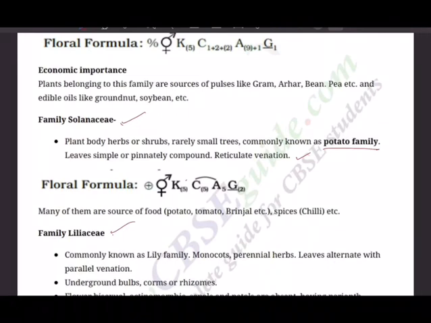Petals and the stamens are attached. And then gynoecium, again 2 we are writing, that is 2 ovules are there inside, and when we underline it, it is the superior ovary. So most of them are sources of food like potato, tomato, brinjal, etc., and of course chilies, spices.